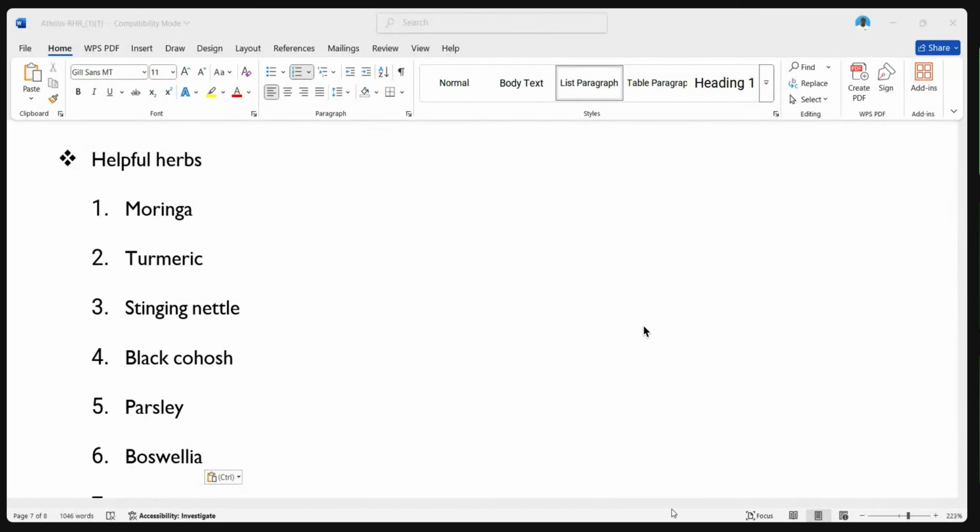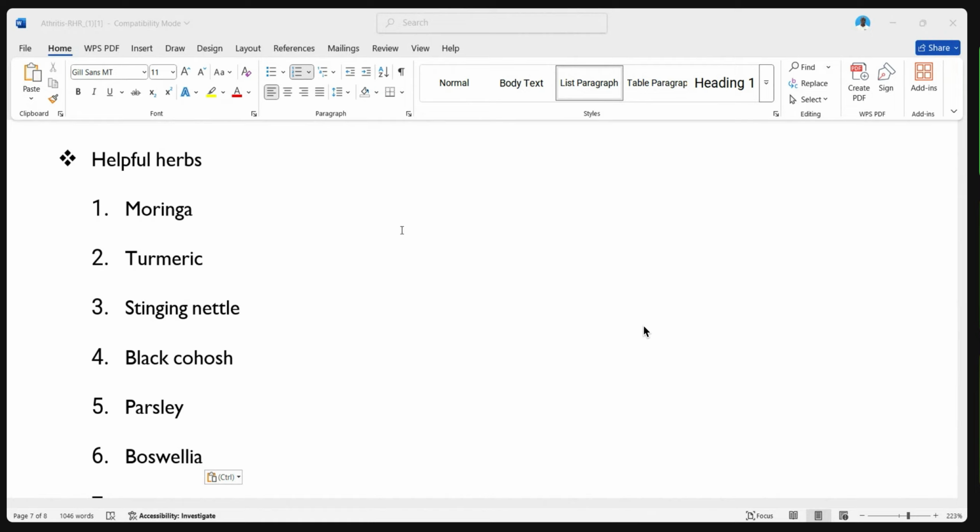Then nenda polepole ili pia tushike hizi vitu. Which herb am I forgetting here? Of course, you can add ginger. We talked about alfalfa. You can add ginger, devil's claw, and cat's claw.